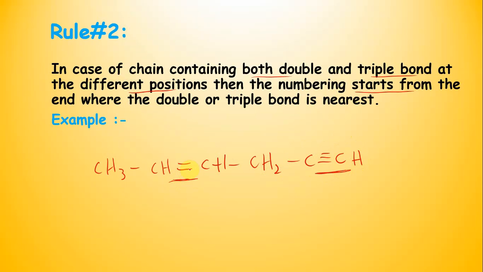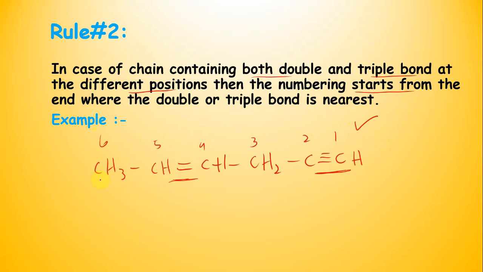They are at different positions. So we will focus on the numbering. We will start the numbering from that side where the carbon-carbon double or triple bond is near. So the carbon-carbon triple bond is near from the right side. So we will start the numbering from here. This will be the correct one: 1, 2, 3, 4, 5 and 6. This will be the correct way.